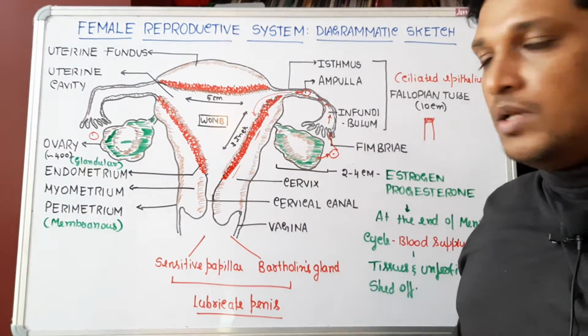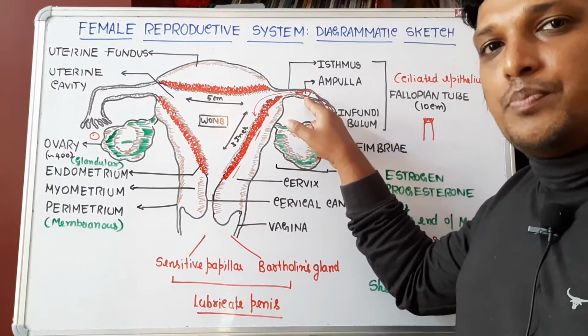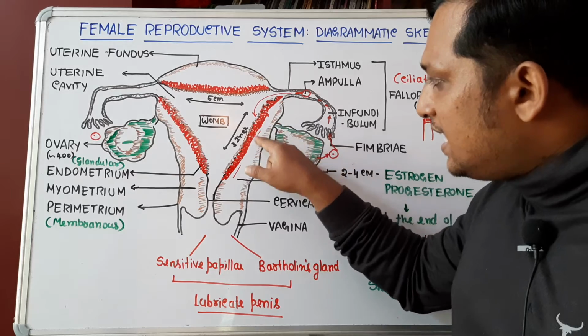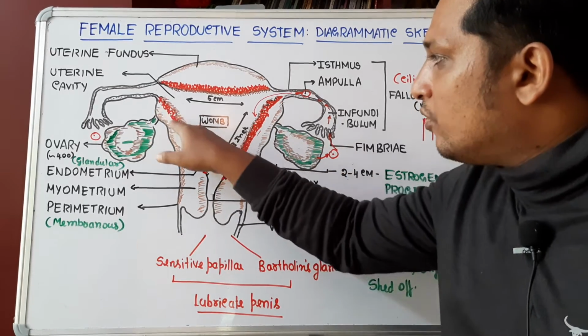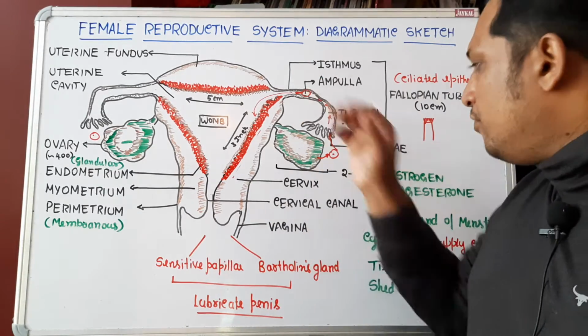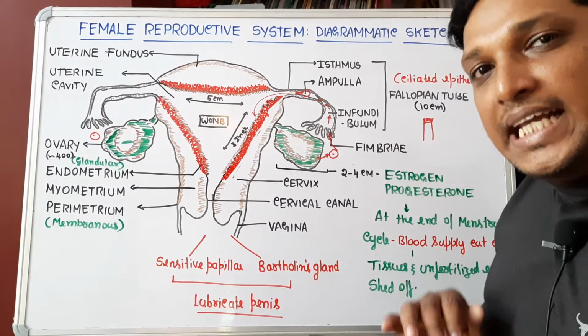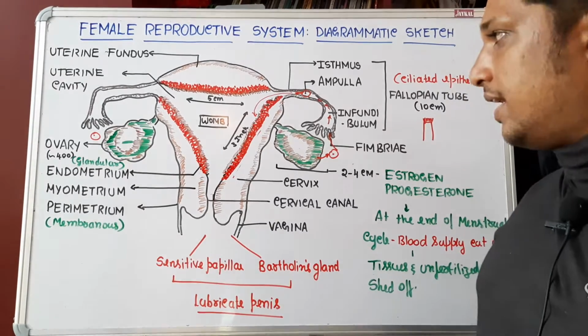What happens if the egg is not fertilized by the sperm? Then the thickened endometrium layer is of no use. At that time, when there is no fertilization, the amount of estrogen and progesterone in the female decreases at the end of the menstrual cycle.